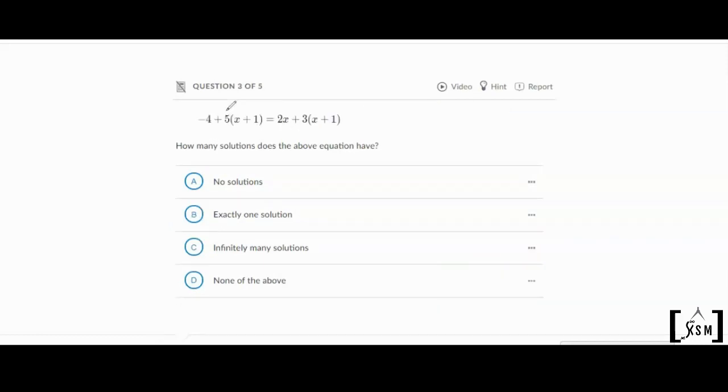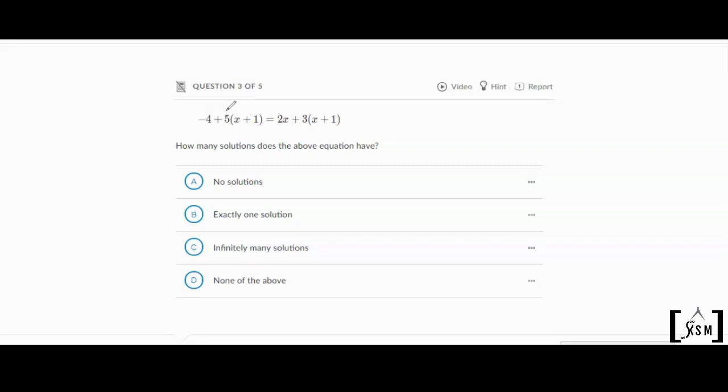Let's have a look at question number 3. We have the equation given. These are exactly the same questions that SAT will give. In the equation given, they are again asking how many solutions the above equation has. So let's start solving. Negative 4 plus this 5 will multiply with everything in the bracket, so we break the bracket.